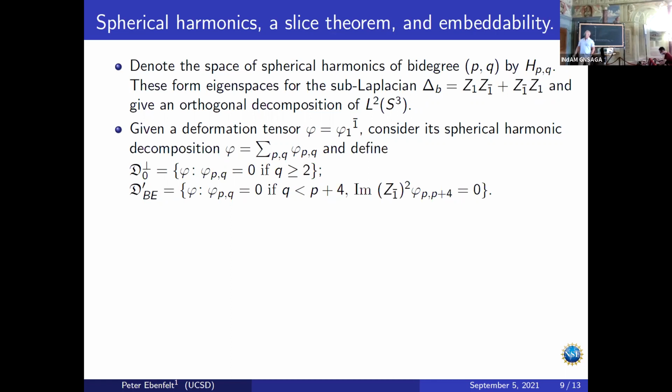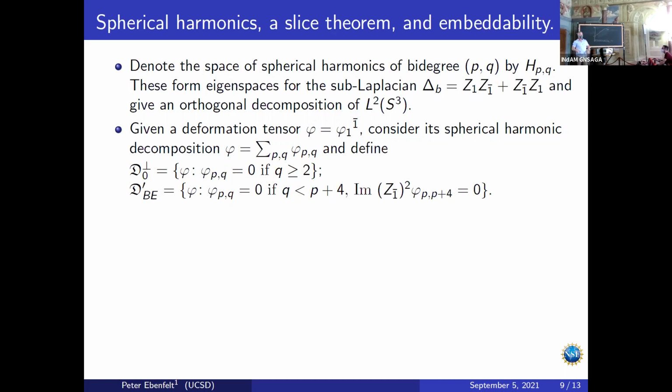The reason for the D0, well, the perp, is that, in fact, it turns out that the orthogonal complement of this and of 2 is the tangent space of the embeddable, which we used to call D0, so we call this perp. And then the other guy here is the B prime for Epstein.